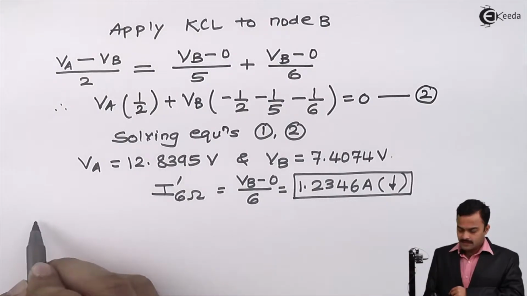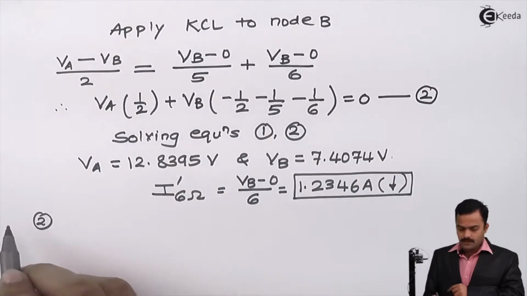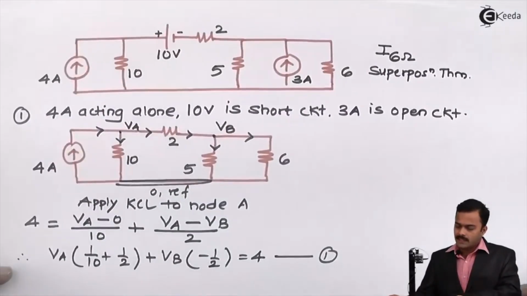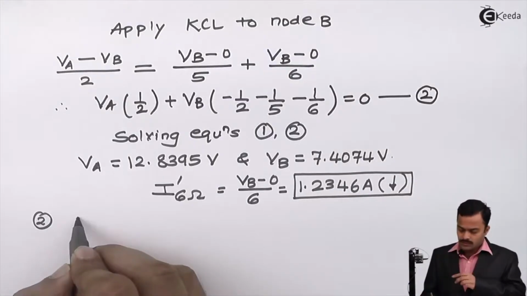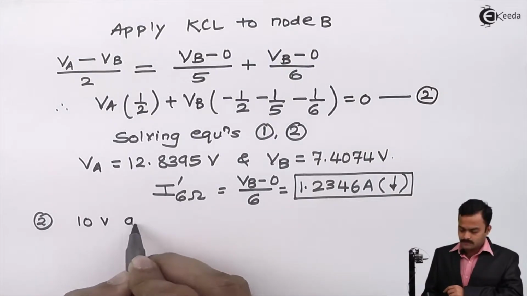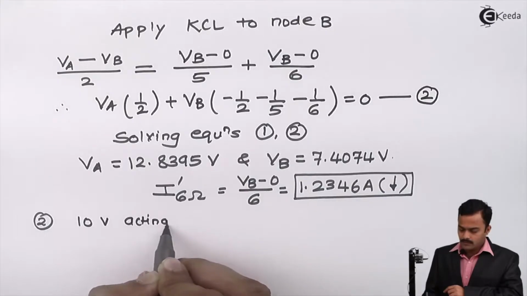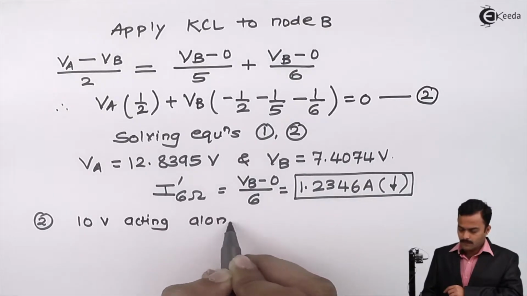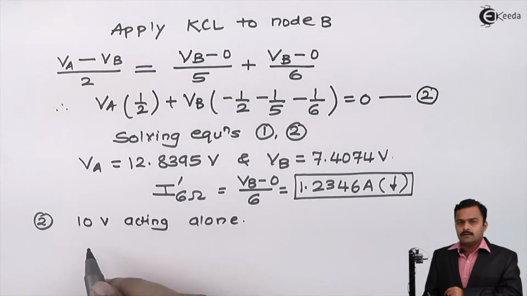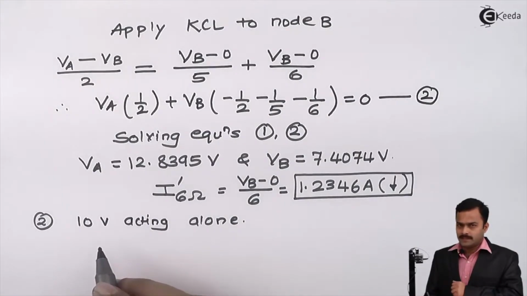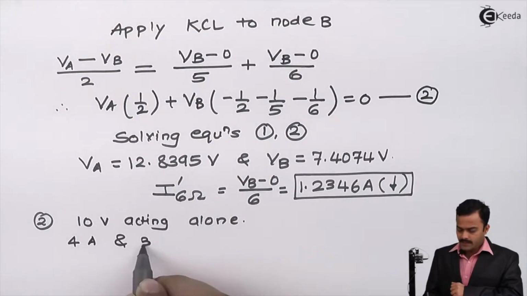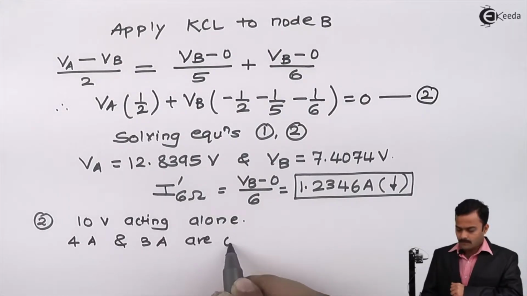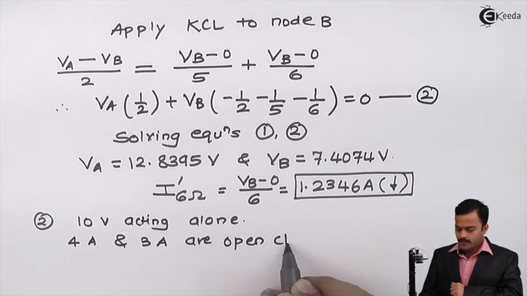Let's consider the second step. In the original circuit, now I will consider the 10 volt source acting alone. Repeat: the remaining two current sources, 4 ampere and 3 ampere, will be open circuited.